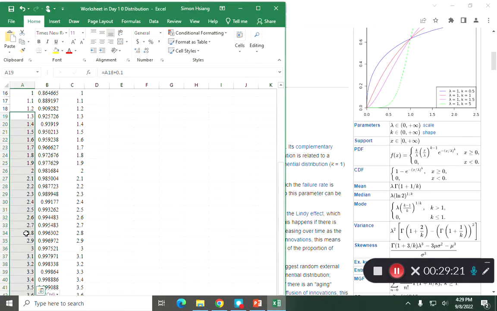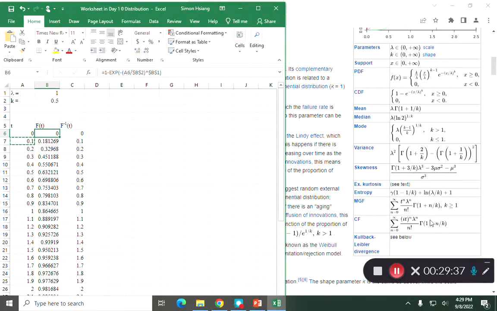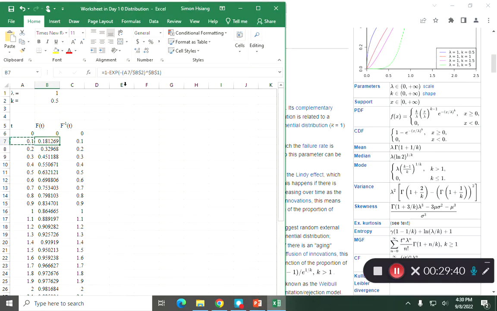Okay, so far so good, right? And then what is my F(t), equal to the CDF, equal to 1 minus exponential negative time divided by lambda. Lambda is B1 and to the power of B2.